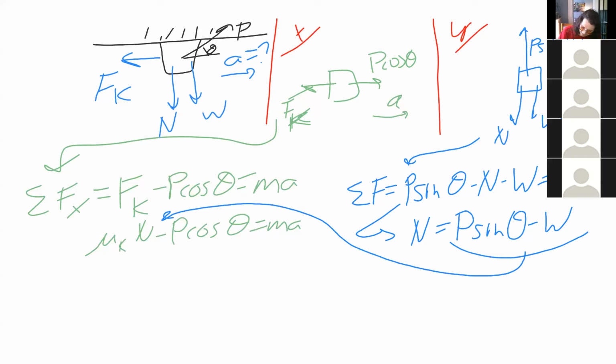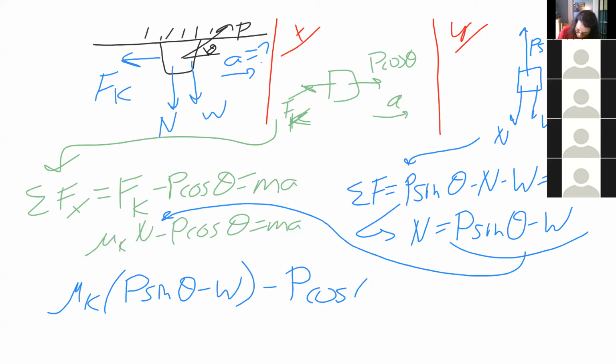And when we do that, we'll have mu sub k times P sine theta minus the weight, and then minus P cosine theta equals mass times acceleration. Keep in mind here that the weight is mg, but I'll leave the rest of the fun up to y'all.